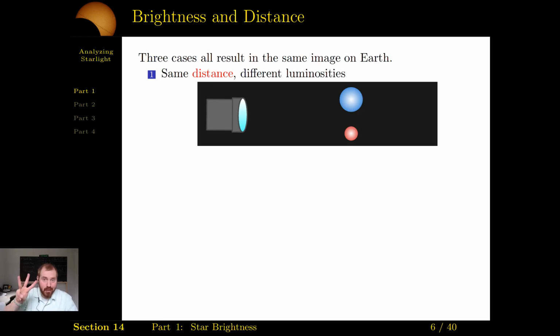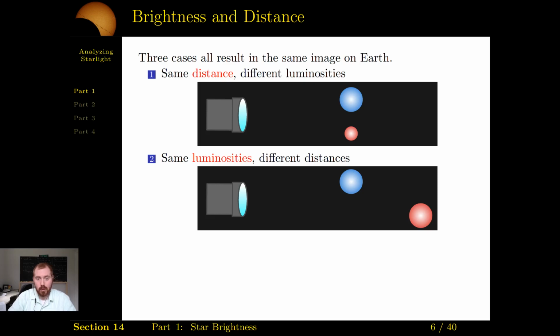Here are 3 cases of where those stars could be relative to us that all result in that same picture. They could all be the same distance, and one's just more luminous than another. They could have the same luminosities. The stars are equally luminous, but one's further away. And remember, the further an object gets, the smaller and smaller it appears.